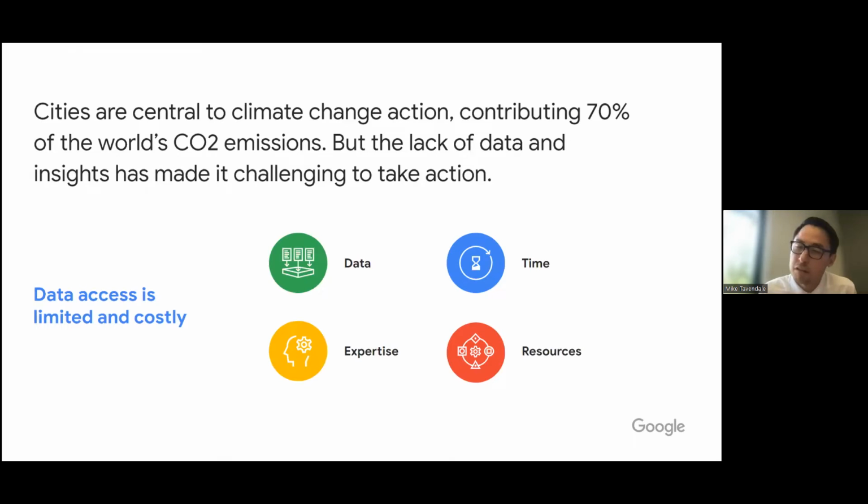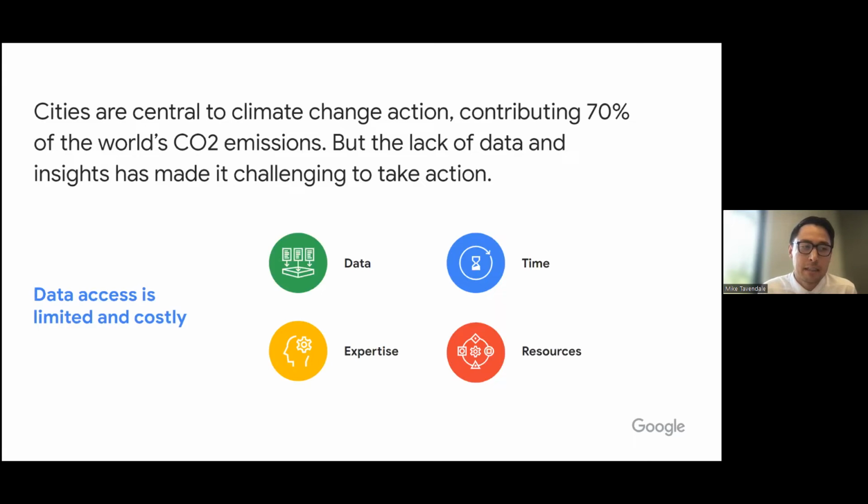And of course, central to this climate action, we understand that 70% of the world's carbon emissions are coming from cities. However, there's also a lack of data and climate insights available at scale, which makes it even harder to take informed action.